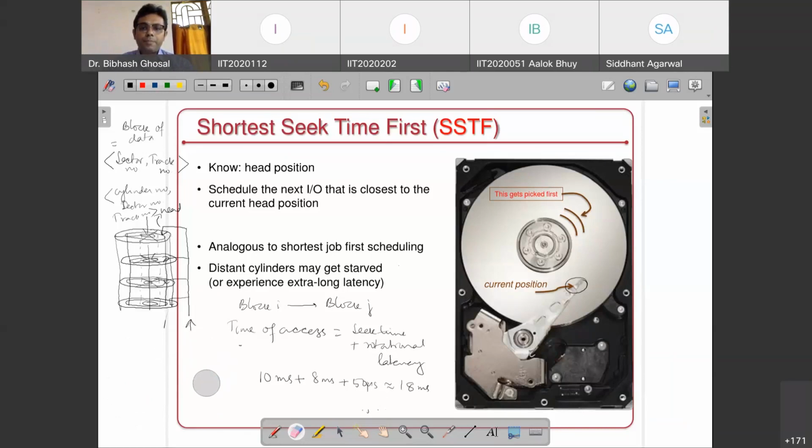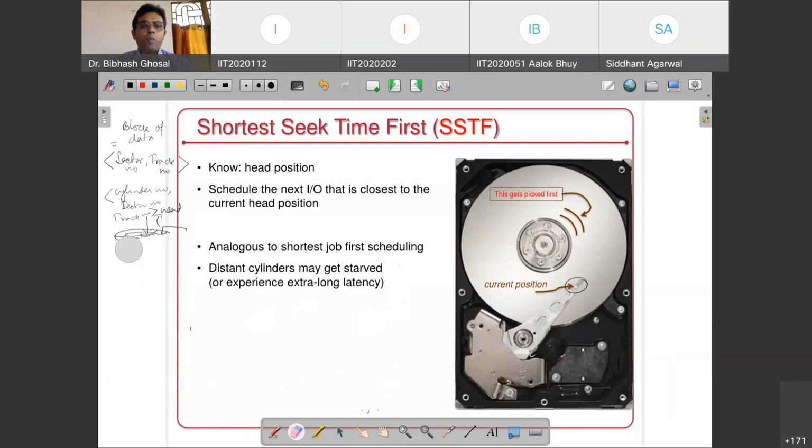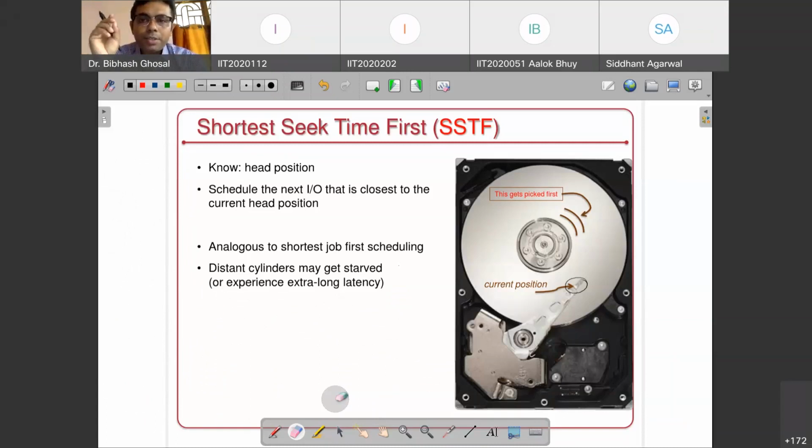Is it clear? So as you are moving from one block of data to another block of data, you are required to spend some time in the seek as well as in the rotation. For the time being, let's assume that seek time is the one that is more dominant.